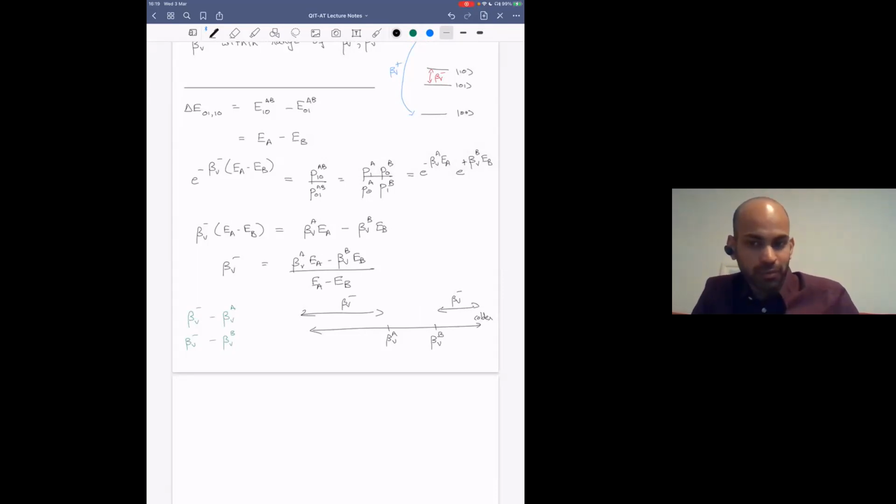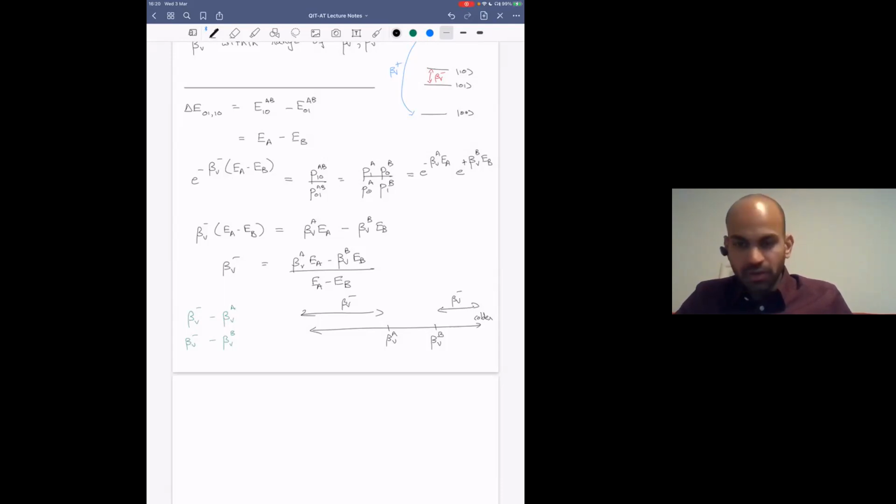But the key of all of the machines that we know, engines and refrigerators, is to create temperatures that are outside the range that we begin with. And this is essentially an example of how to create that. If you have two thermal states of qubits and you bring them together, in the joint state of these two qubits, there is going to be a subspace that has a temperature that is outside the original temperatures that you began with.